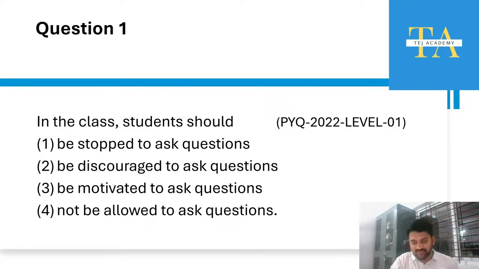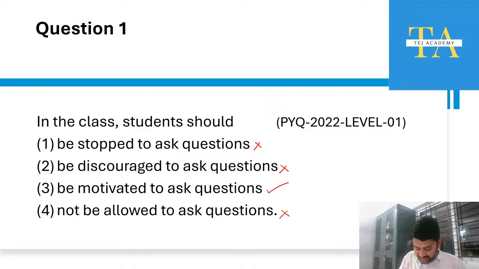Let's see the first question. In the class, student should be stopped to ask questions. No. In the class, student should be discouraged to ask questions. No. In the class, student should be motivated to ask questions. In the class, student should not be allowed to ask questions.